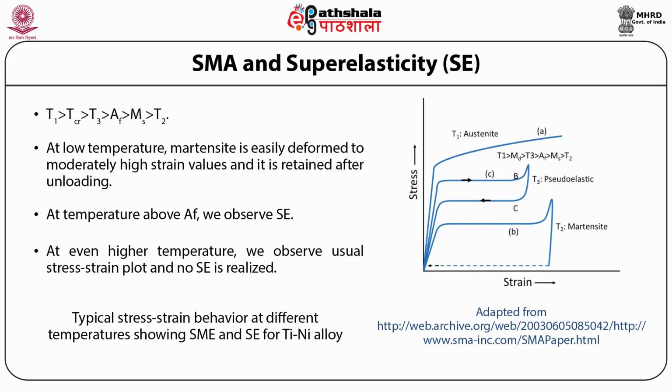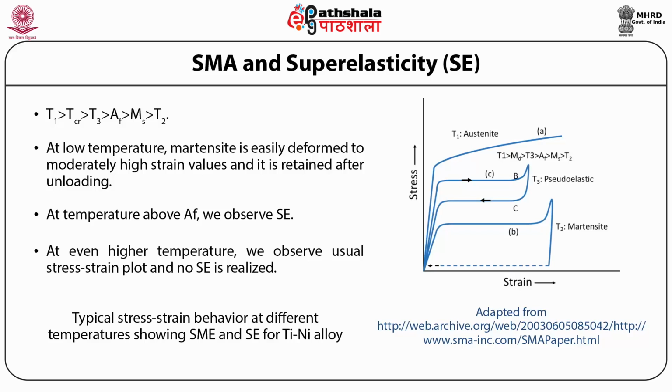If the load is removed after partial or complete transformation to one variant of martensite, then the strain does not go away automatically. However, the strain does go back to zero upon heating.